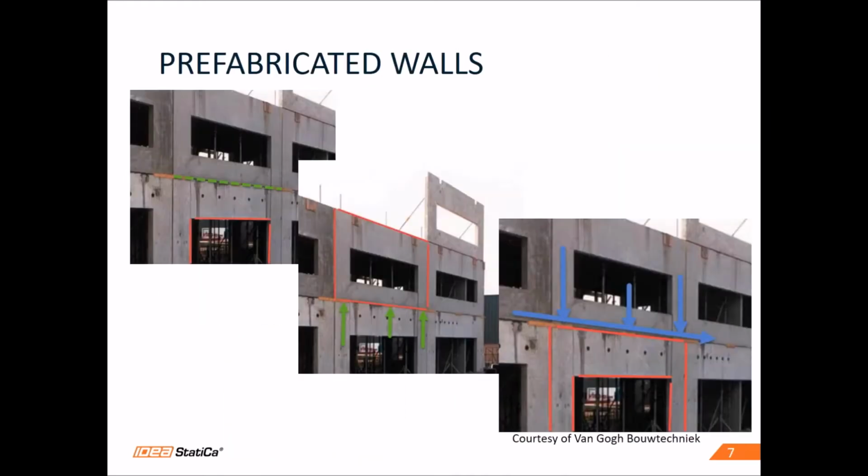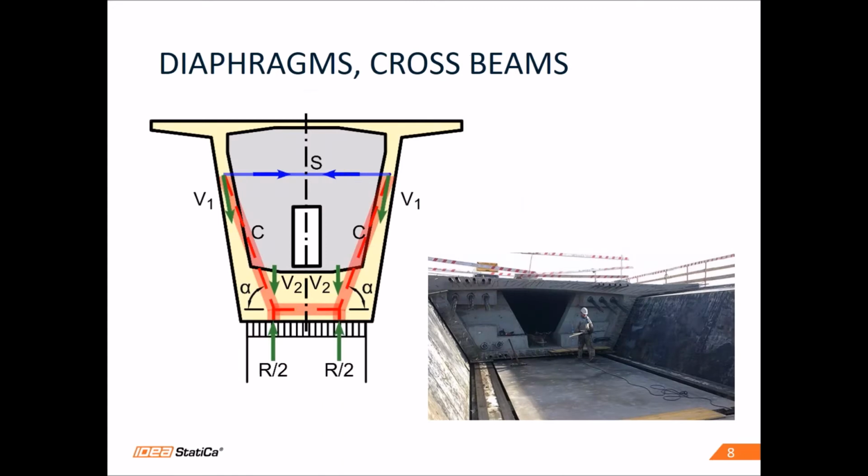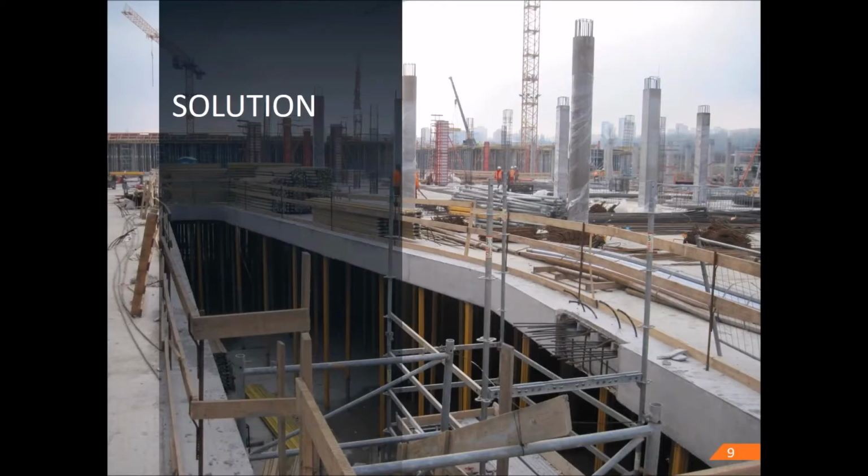This also has use in the prefabricated industry and also in the bridge industry, when we can analyze diaphragms, complex cross sections, cross beams. We prepared two examples, but before that, we want to describe a little bit of the assumptions.